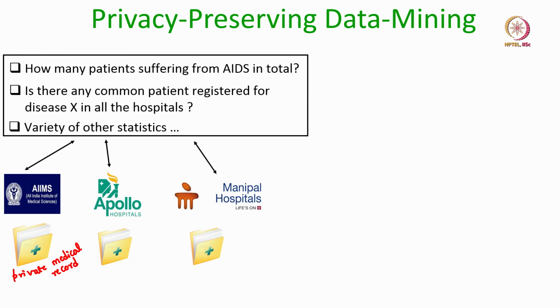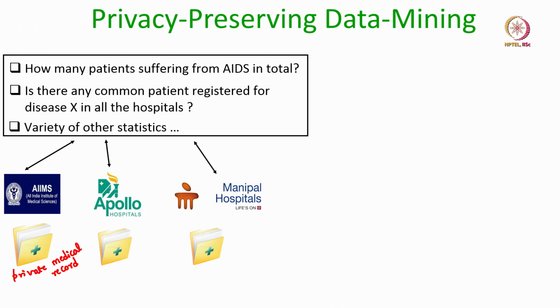So, for instance, they might want to compute statistics like how many patients are suffering from AIDS in total, or is there any common patient registered for some specific disease in all the hospitals, and like that variety of other interesting statistics.